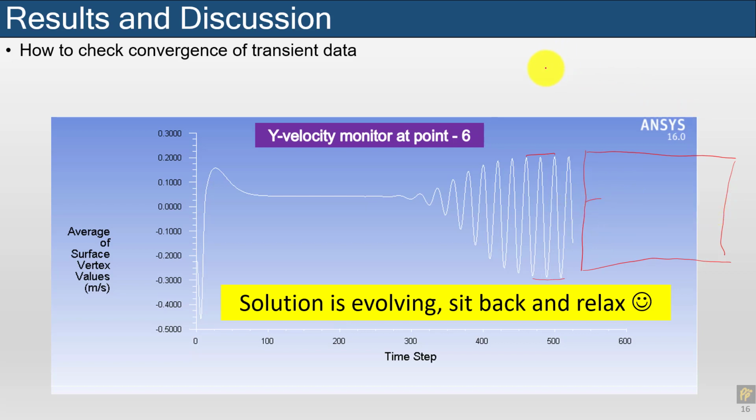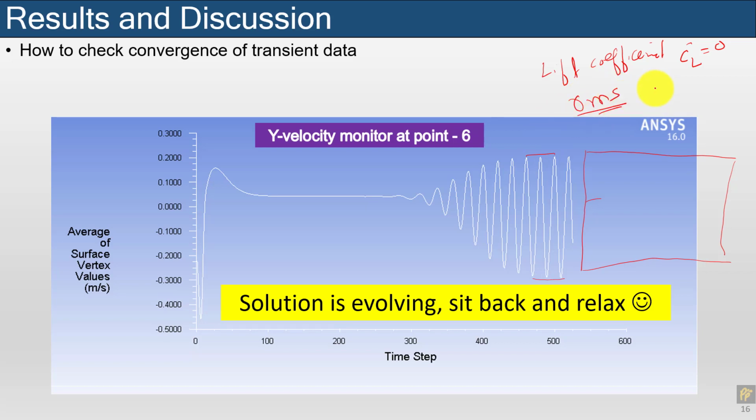Okay, and one more thing: you know that the lift coefficient for a symmetric body has an average value of 0. So CL average would be equal to 0, because it alternately changes around the 0 value. So normally, when they quote the lift coefficient for symmetric bodies, they use the root mean square value.